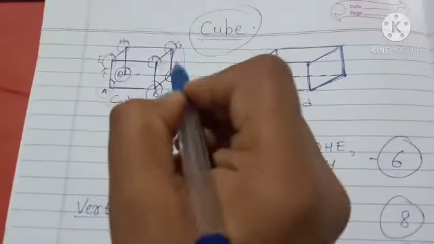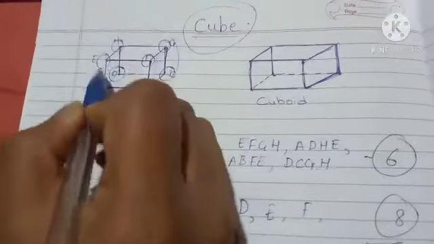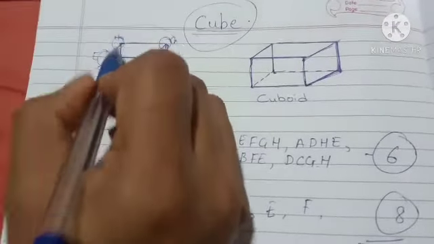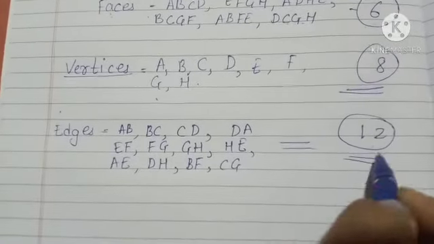We have a total of 12 edges. We have 12 edges for cube.